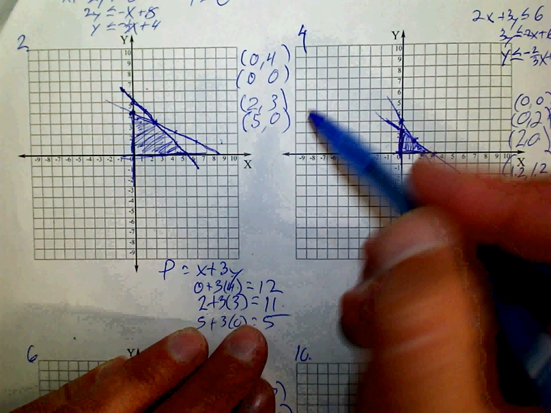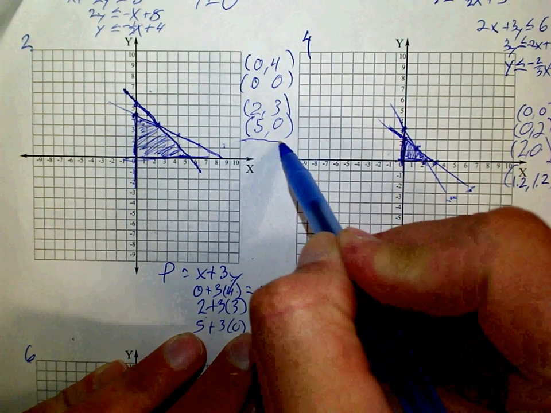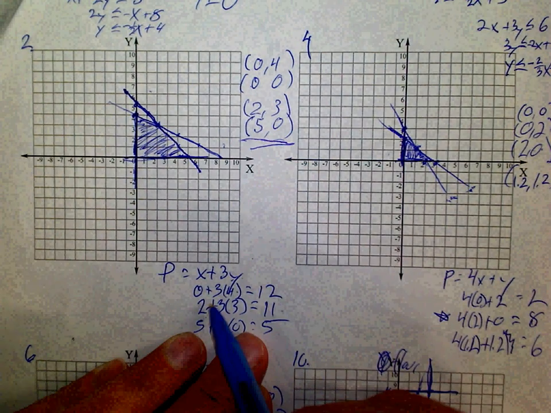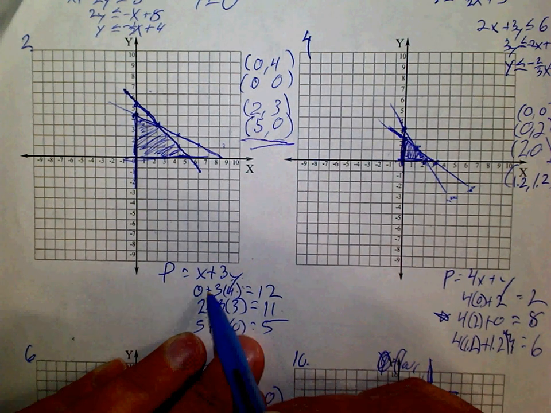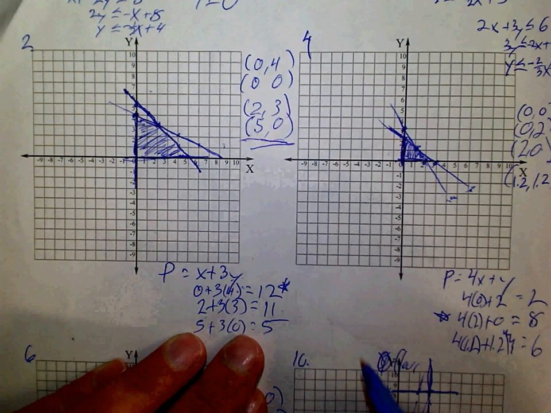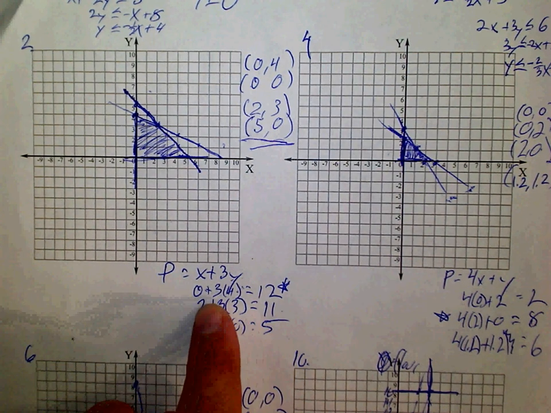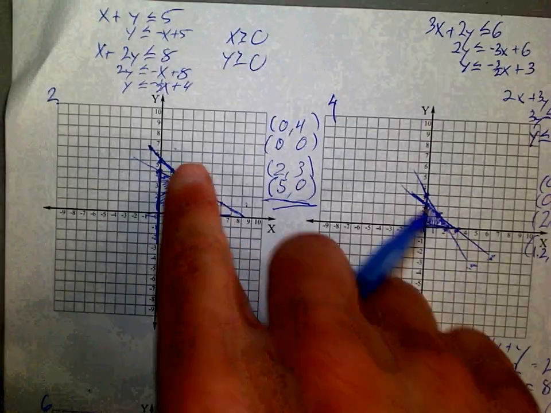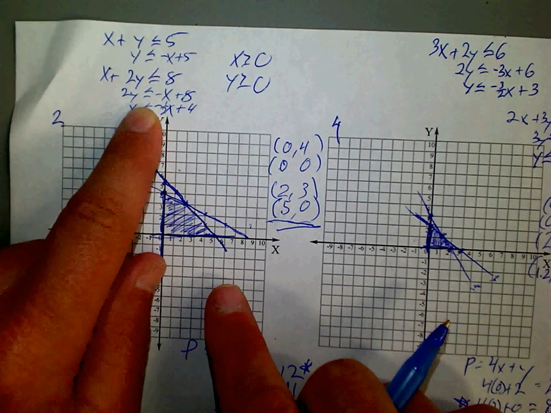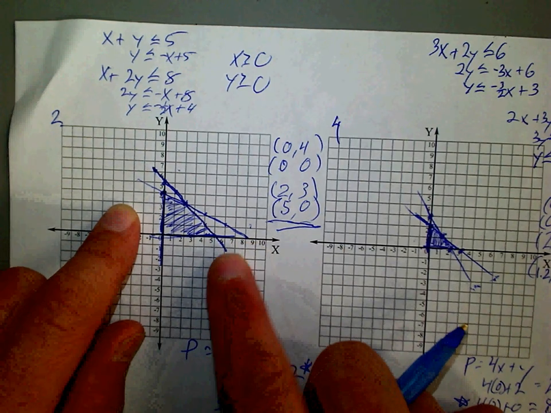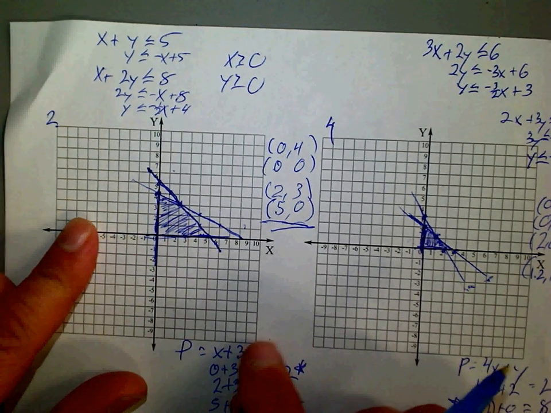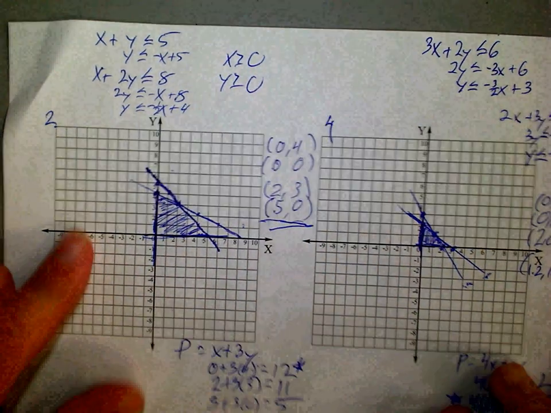On your test, you have to be able to list all of these vertices, show the graph, list the vertices, then pick the appropriate one that gives you your profit. So 0, 4 would have been the answer to this one. That was that line on the coordinate plane, and then y is greater than 0, x is greater than 0, those two lines.